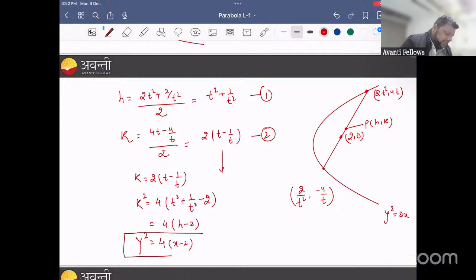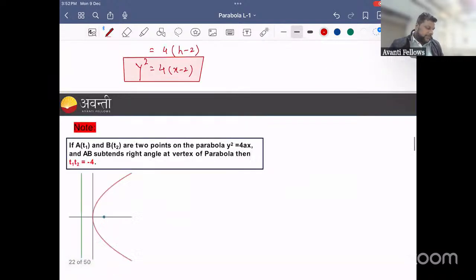This is the locus, that new parabola. Am I clear? So this is how this situation is utilized, that ends of the focal chord, if having parameters t1 and t2, then t1 t2 is minus 1.